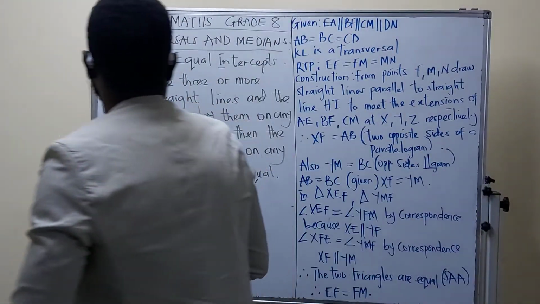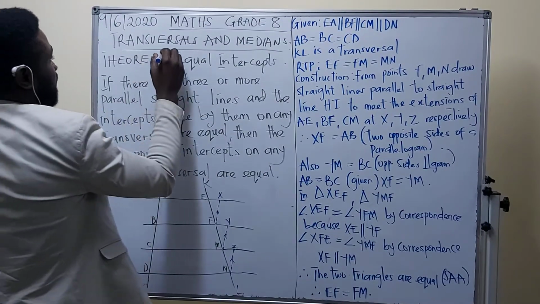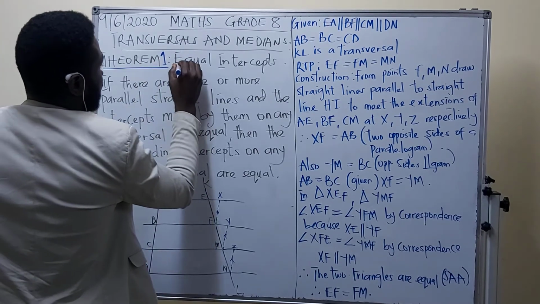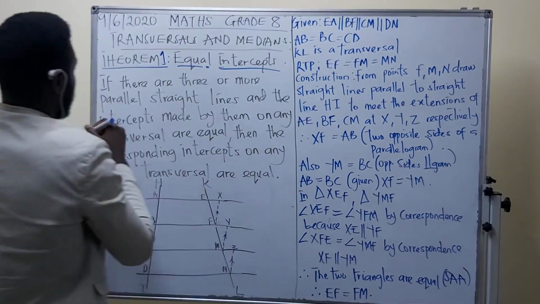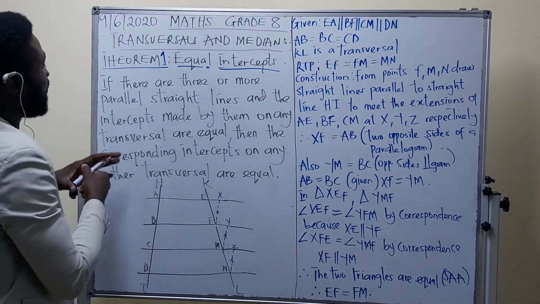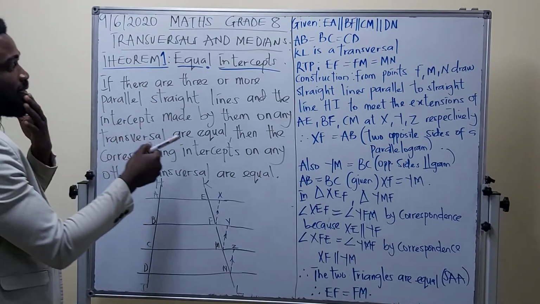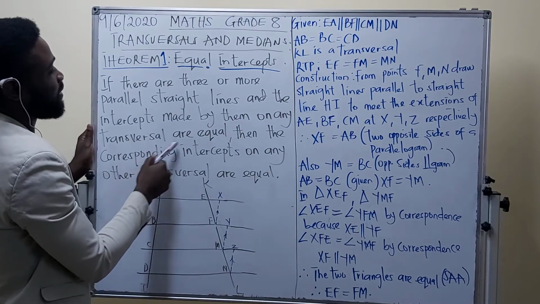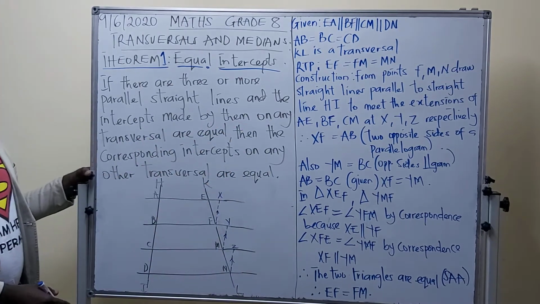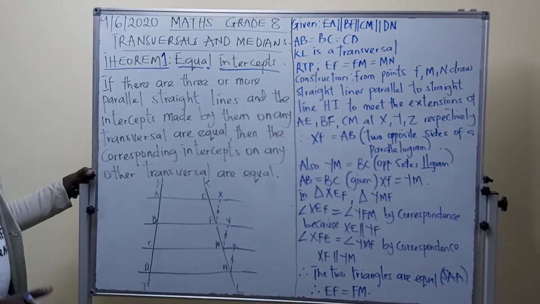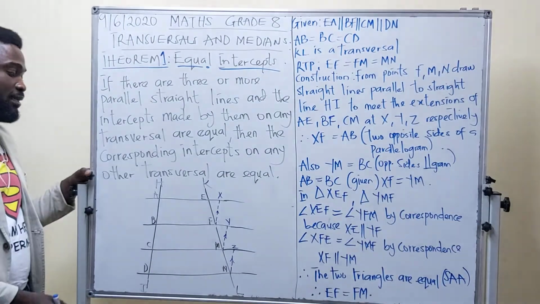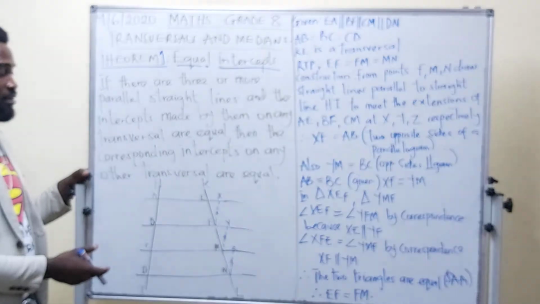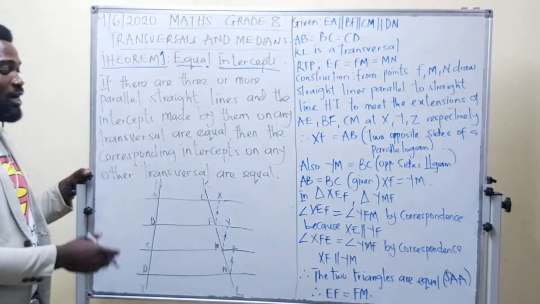Now, theorem 1. If there are 3 or more parallel straight lines and the intercepts made by them on any transversal are equal. Now, the very first question that you might want to ask me is, which of the lines is a transversal or are transversals?